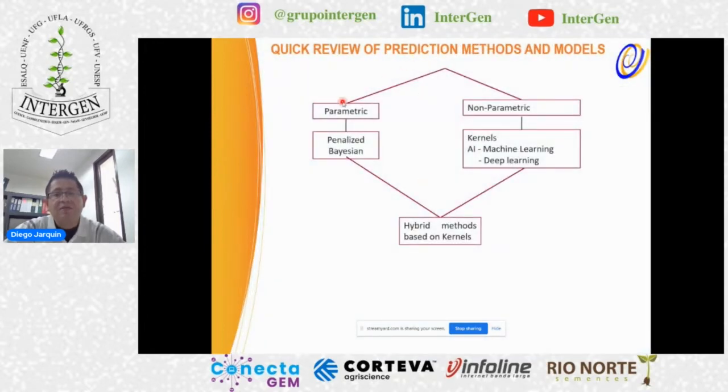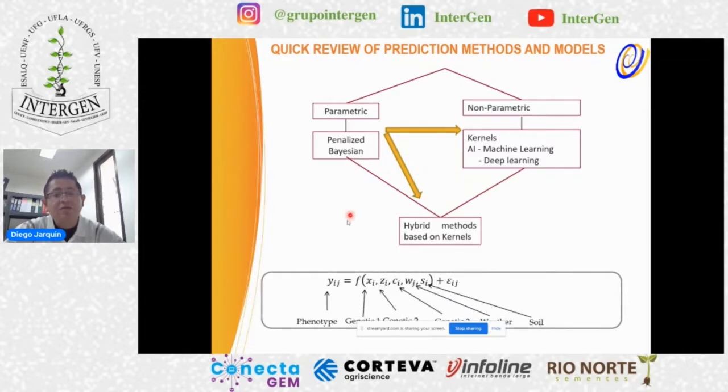Very briefly, we have 2 big branches: parametric, where we find penalized and Bayesian methods; and non-parametric, where we have kernels, AI, machine learning, deep learning, etc. And some hybrid methods are based on kernels, where we are trying to simulate these complex methods from AI.